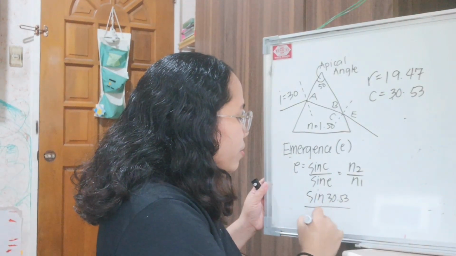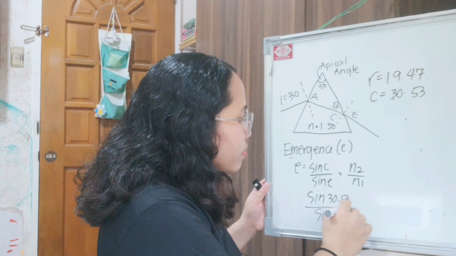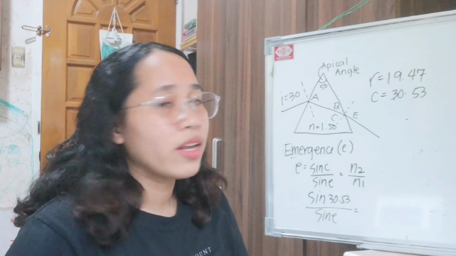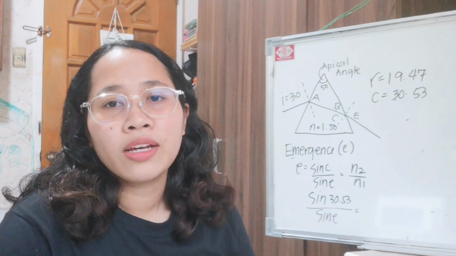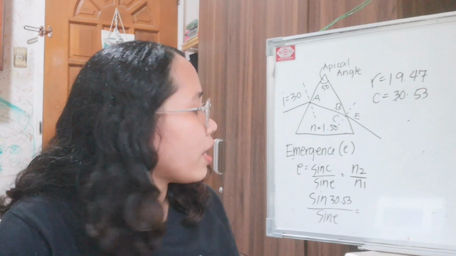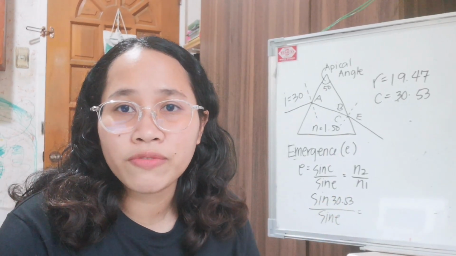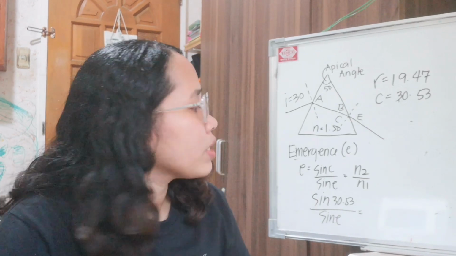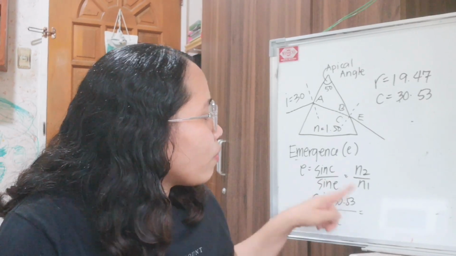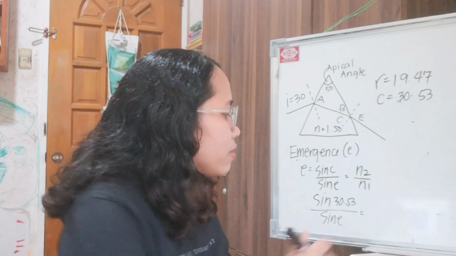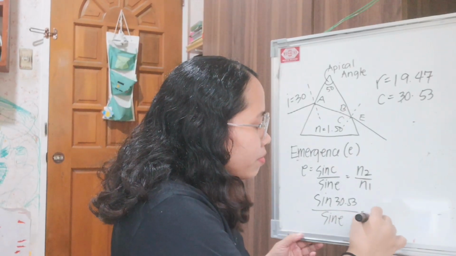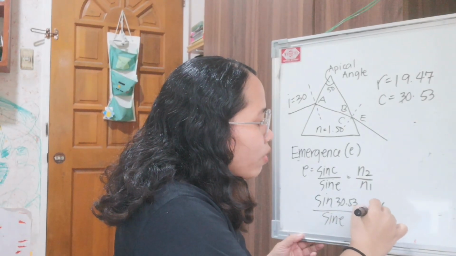So sine E is unknown. Here the N1 and the N2 will be different. In the angle of refraction, the N1 that we used was 1.0 because that's where the light is coming from. It comes from the air. And now, the N1 here will be 1.50, and the N2 will be 1.0.